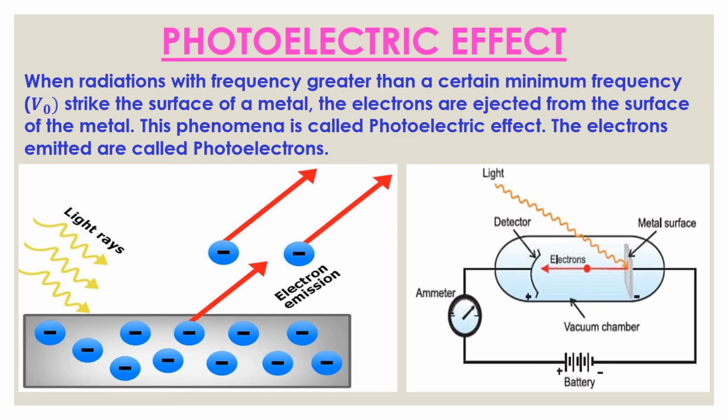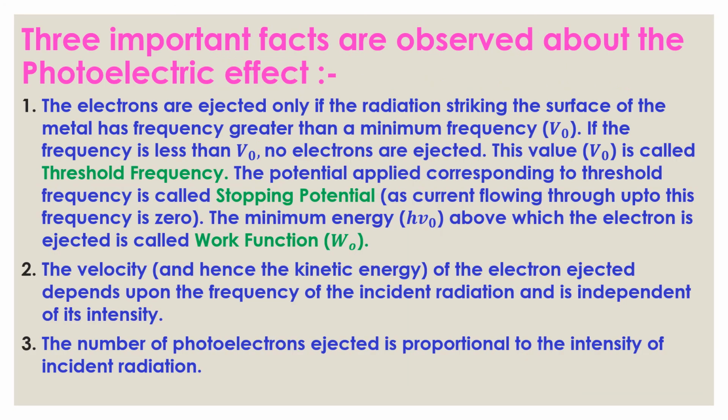Using the photoelectric effect, we can observe the following important facts. The first is that electrons are ejected only if the radiation striking the surface of the metal has a frequency greater than a minimum frequency, that is nu naught, and if the frequency is less than nu naught, then no electrons are ejected.